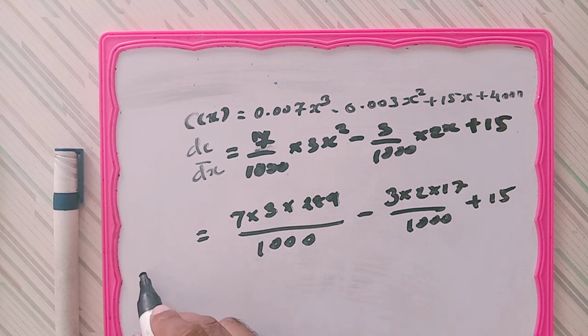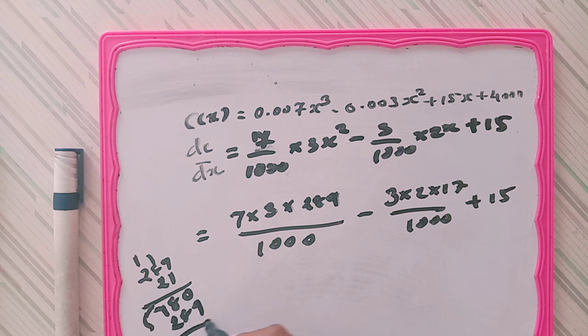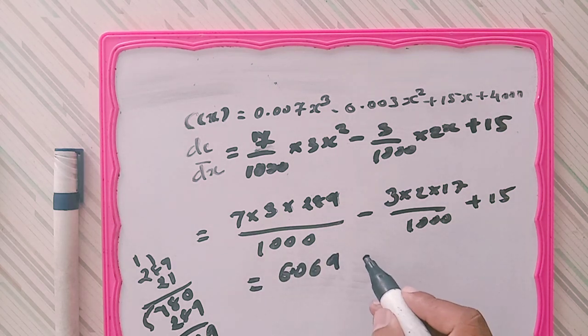So 21 into 289 will give us 6069/1000, meaning 6.069.